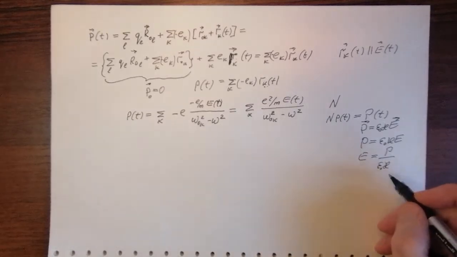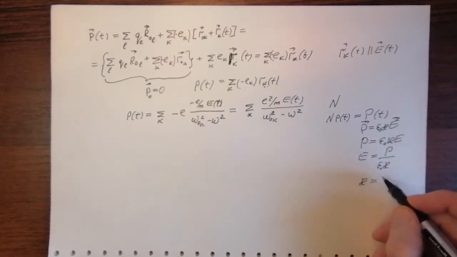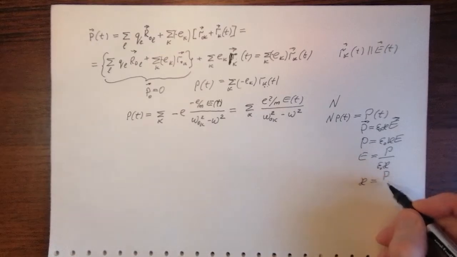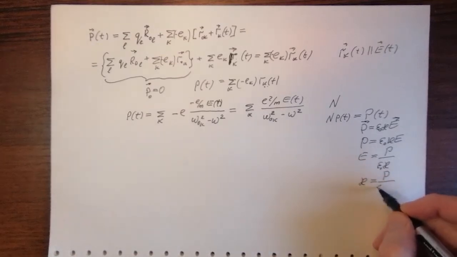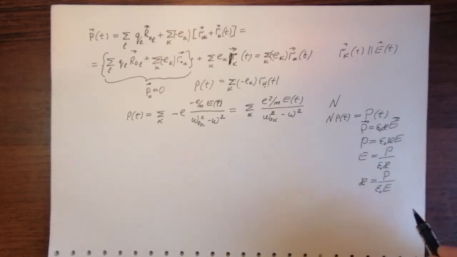Or on the other hand, we can substitute kappa, and kappa is P divided by epsilon 0 E. This is what we need.